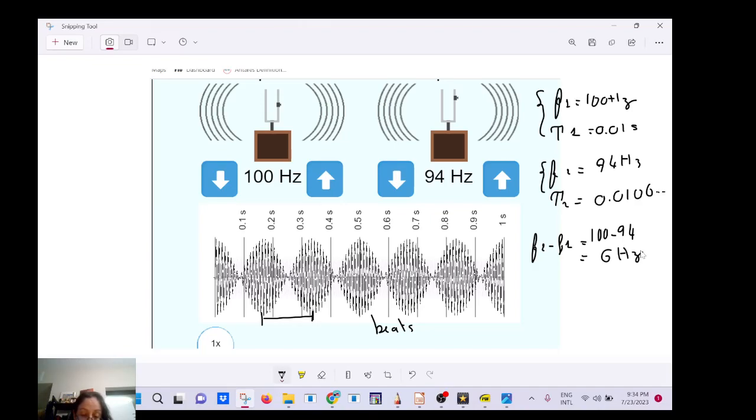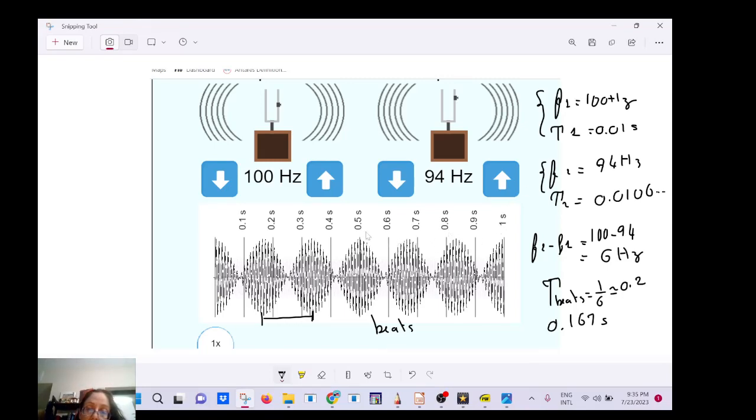And then you take the reciprocal, and so the period of the beats is going to be 1/6, which is about 0.2. So between here and there, this is 0.1. Okay, so it's about 0.16, 0.167 seconds. So that will be the period for the beats.